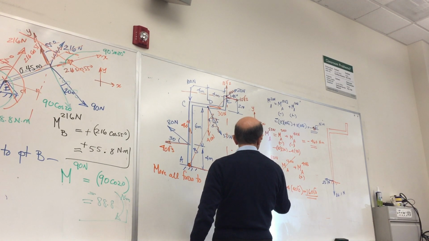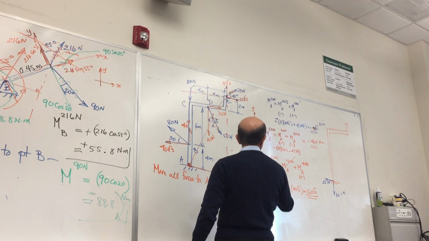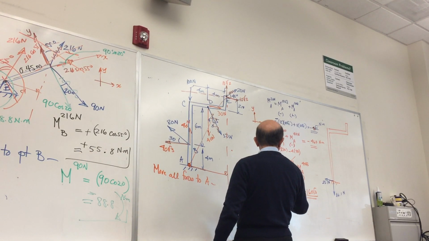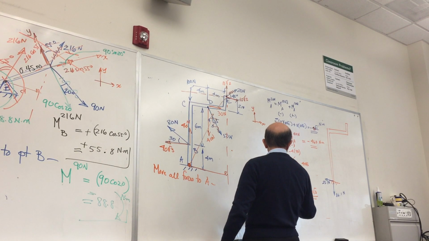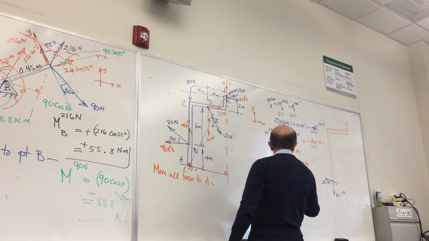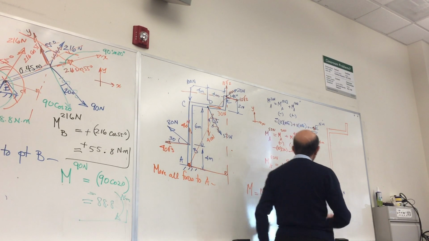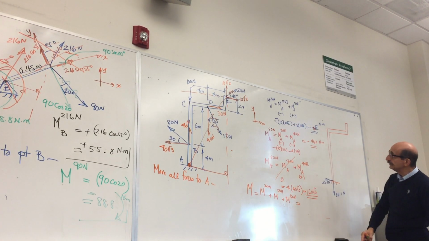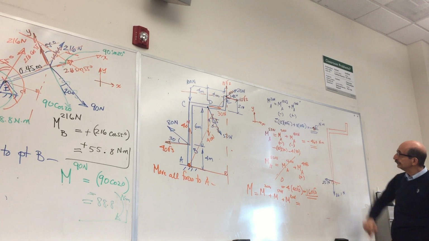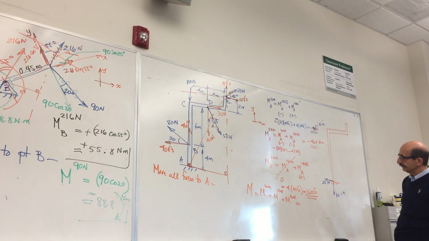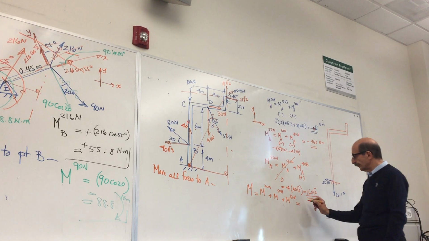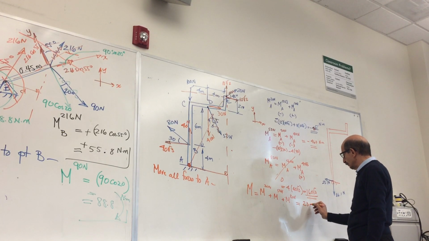Okay? So you just simply add all those moments: moment of the 20 Newton force plus moment of the 50 Newton force plus moment of the 80 Newton force. Somebody can help me by adding these up. These two are negative. This one is positive. 239.5, thank you, negative.